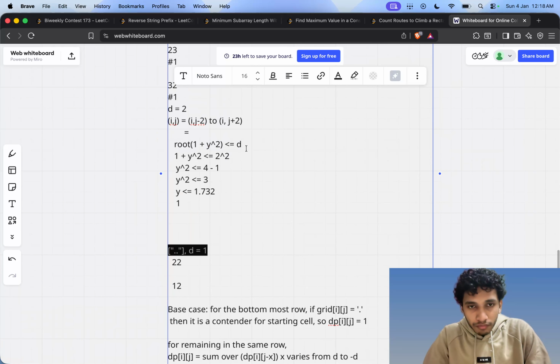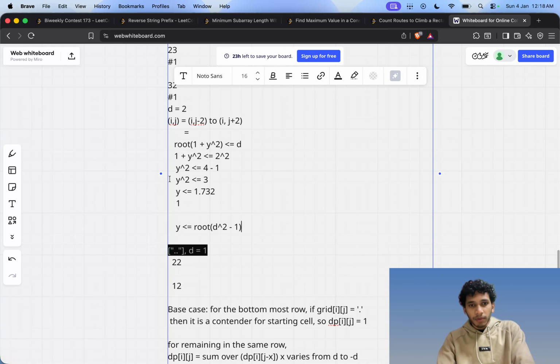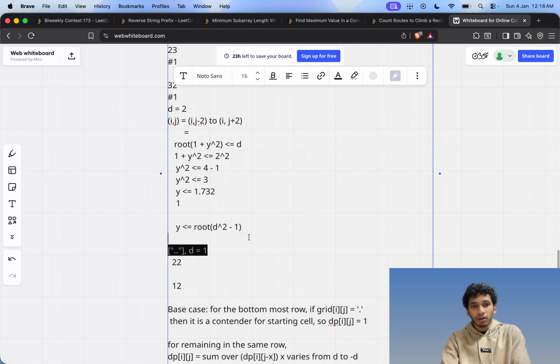If we write it like this, then at the end we can say that y was less than or equal to root of d square minus 1, which can be calculated in O of 1. Because this root operator, I guess it works in log n or O of 1. I don't really know it. You can search on Google, but most probably it works in log n. So find the root using the built-in sqrtl function.